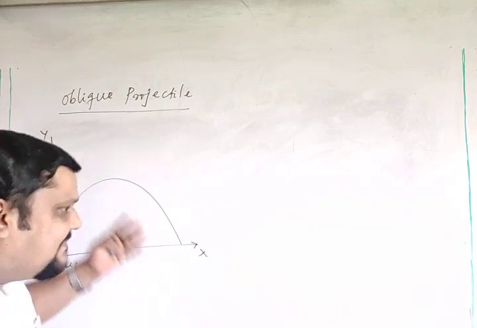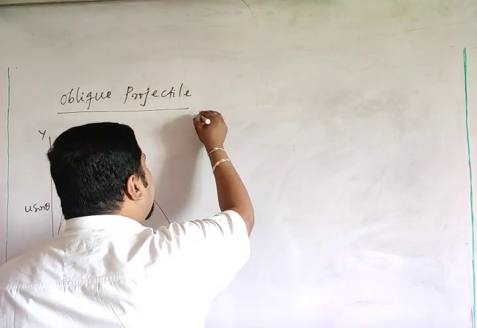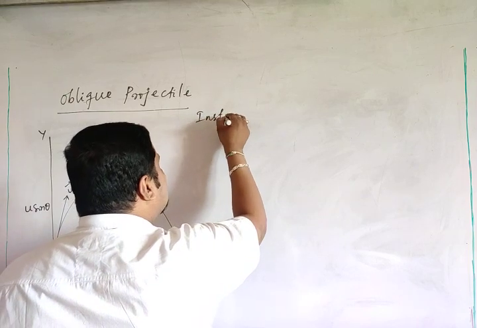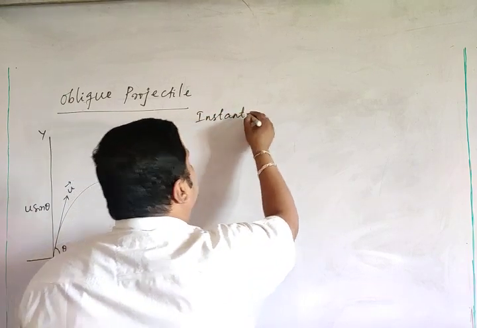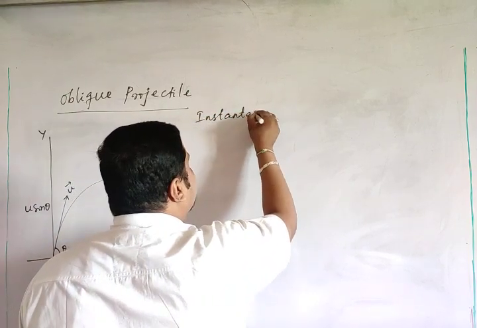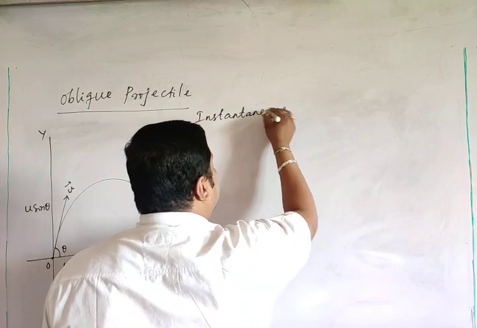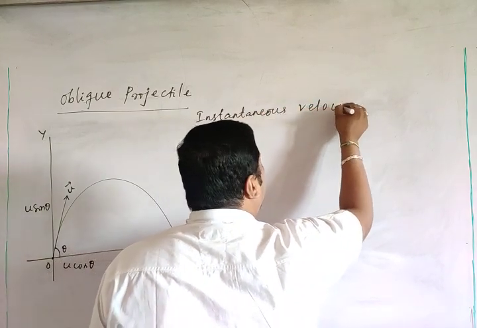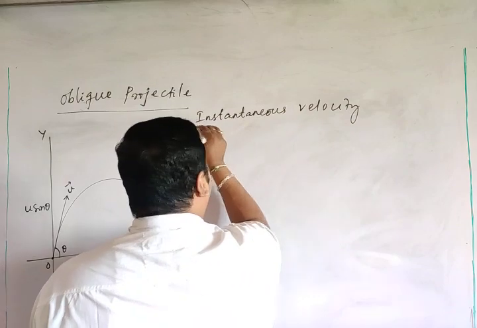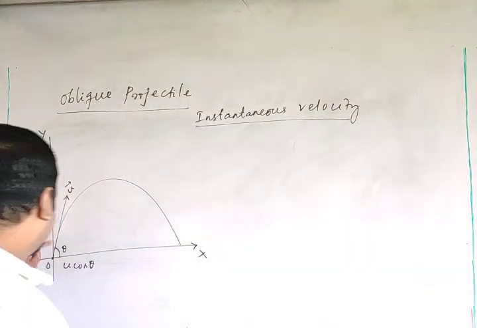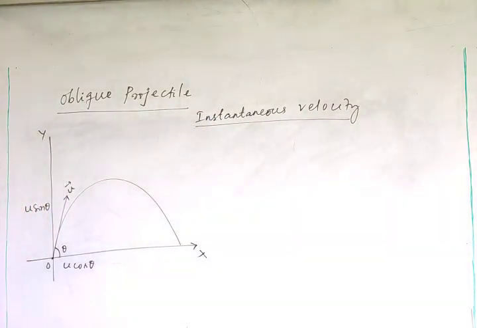Now, the other parameters. We will find out the instantaneous velocity of the projectile which is fired at an angle theta with the horizontal, at a particular instant. What is its velocity?